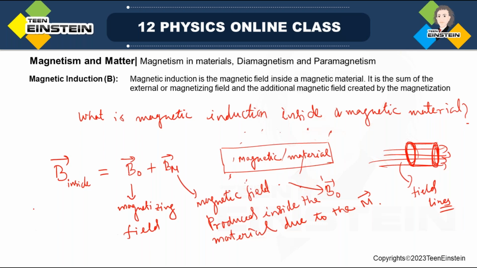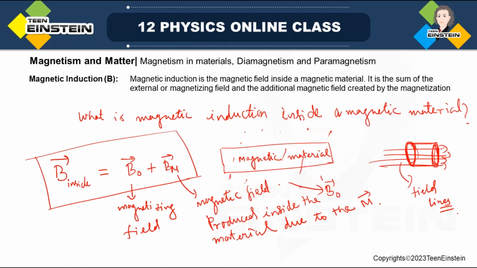This is mathematically defined like this: the magnetic field inside a magnetic material is the sum of the magnetizing field and the magnetic field produced inside the material due to the magnetization. Magnetization means net dipole moment produced per unit volume.